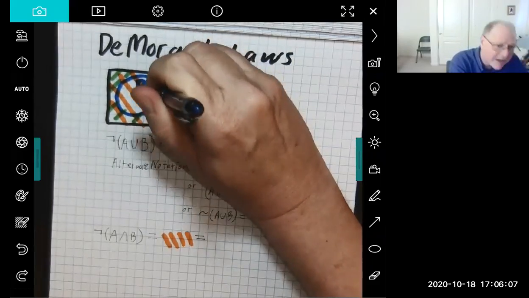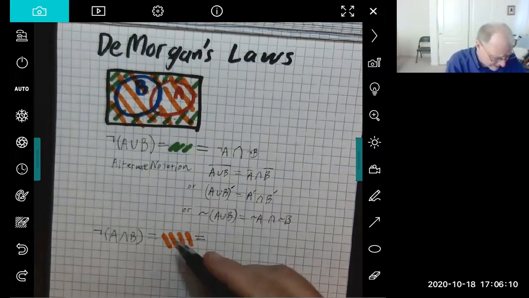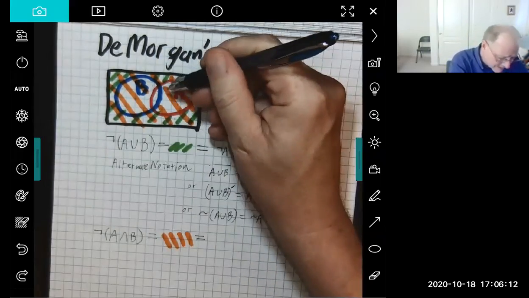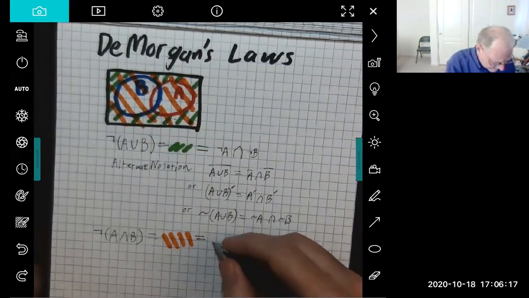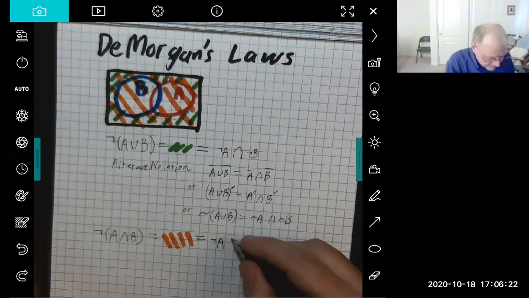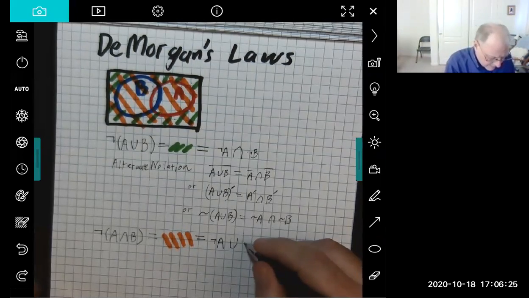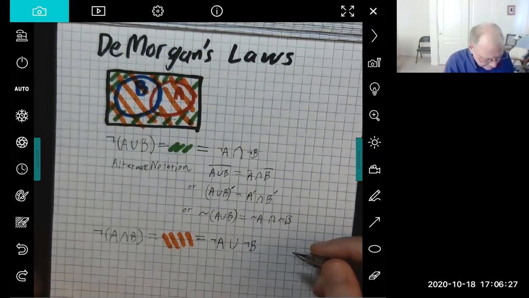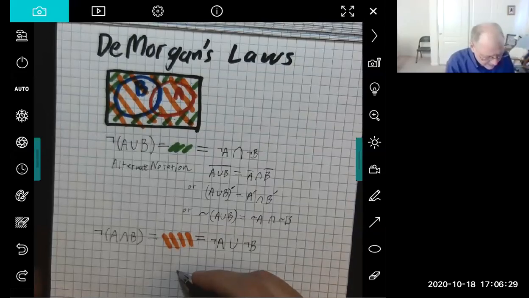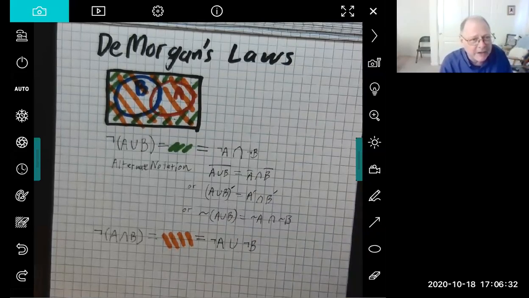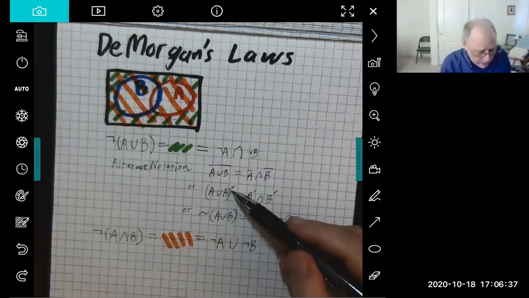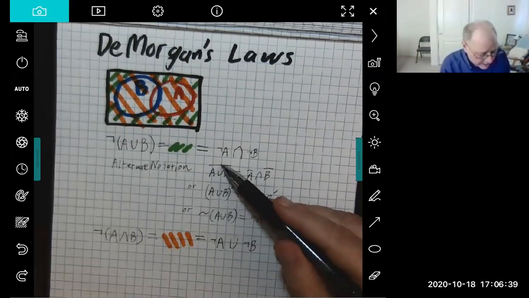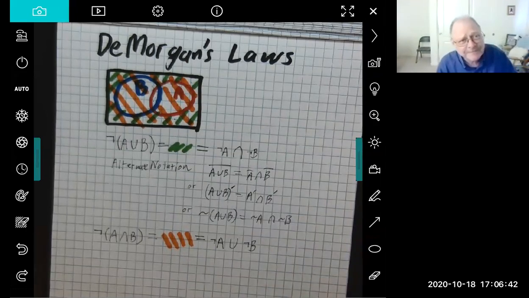A point on the diagram belongs if either it's not in B or it's not in A. So see how that's the complement of A union with the complement of B. And again, if you don't want to use the little angle for your not, you could use these other notations with the apostrophe or the overbar or the tilde.